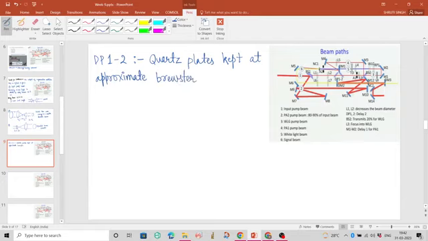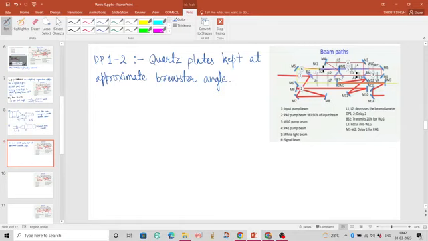So these are quartz plates kept at approximately Brewster angle. Now the Brewster angle, why? Because we need to maintain the polarization. And why is it approximate? Because this angle can be changed a little bit, it can be tuned. So these DP1 and DP2 quartz plates are for little angle tuning. It will be used later.